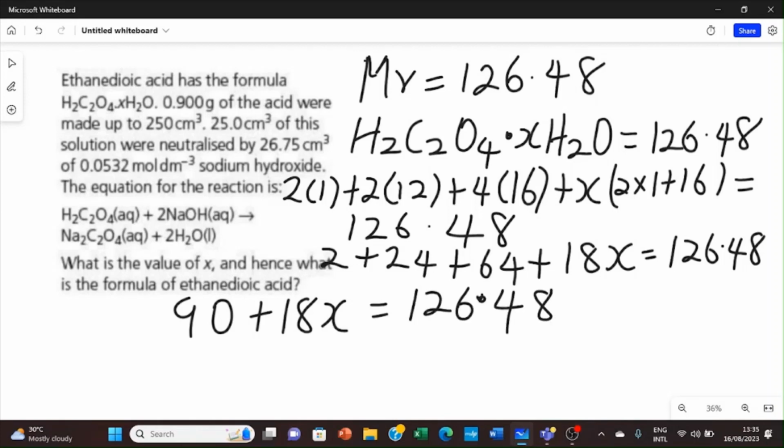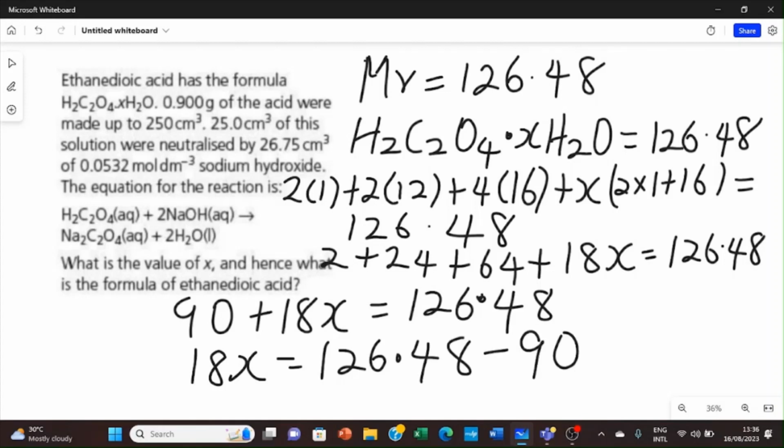Is that okay? So 18x now will be equal to what? 126.48 minus 90. So 126.48 minus 90 will be equal to 36.48.